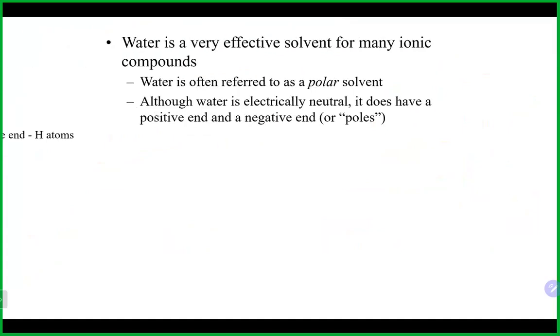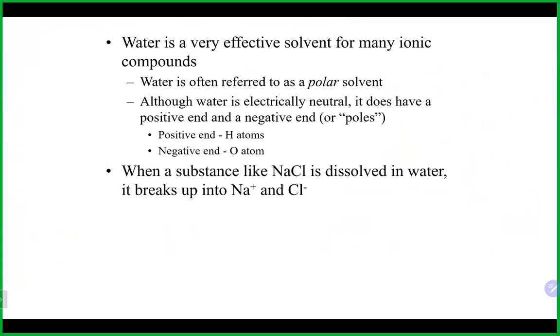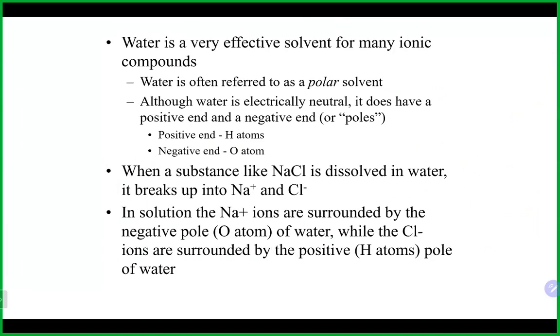Now, when we have something that will dissolve in water, water is a really effective solvent for a lot of ionic compounds, and that is because water is polar. So again, there is a positive side to water and a negative side to water. And when we look at water, like we talked about in bonding, the oxygen side is more negative, and the hydrogen side, because of its dipole moment, is more positive. And that works really well when something that's ionic wants to dissolve in water.